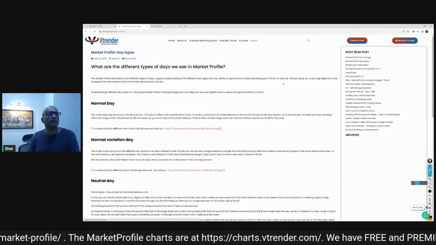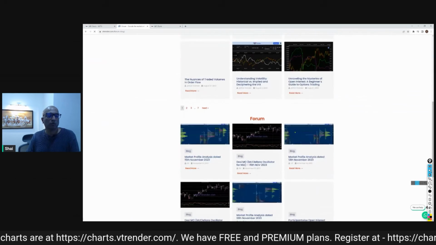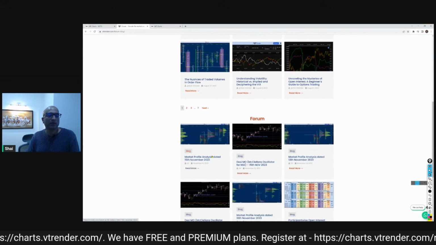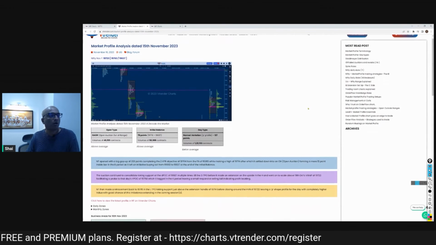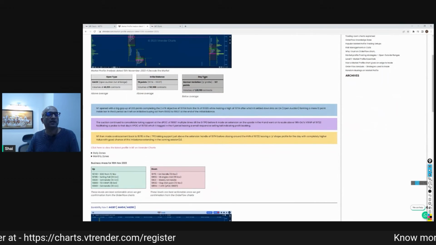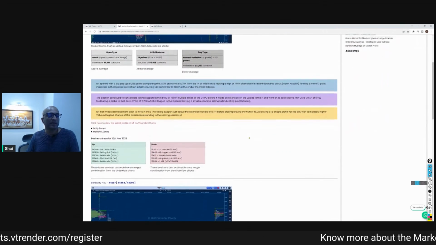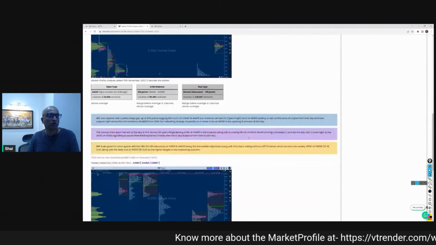So if you want to go deeper, look up all these links on the most read post. You can look up the forum section. We have a lot of posts over there, and my colleague Uttam does an excellent report every morning on the entire market profile: the open types, the initial balance, the day types. These are bare basics which I feel all of us should look at.